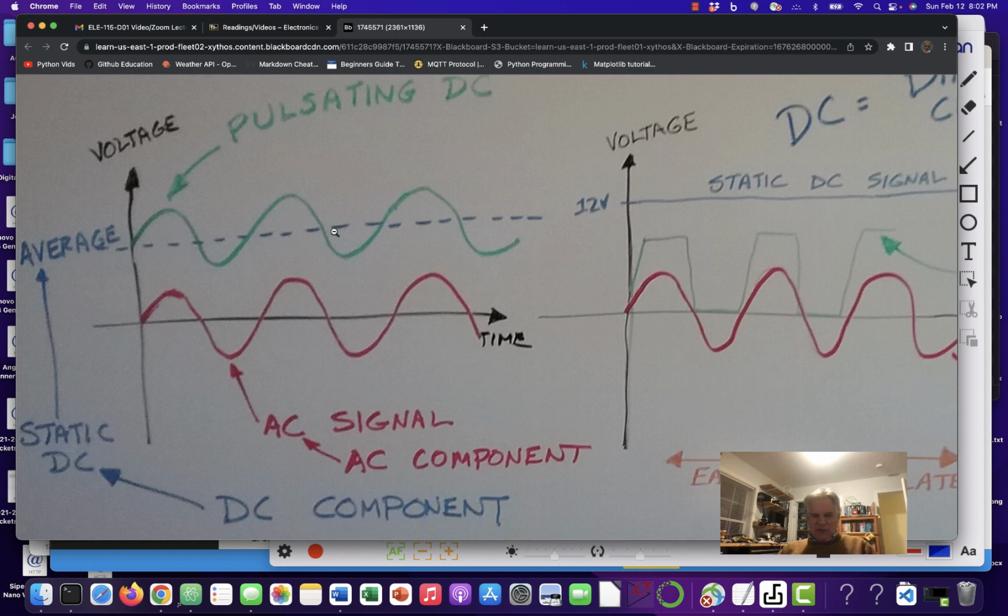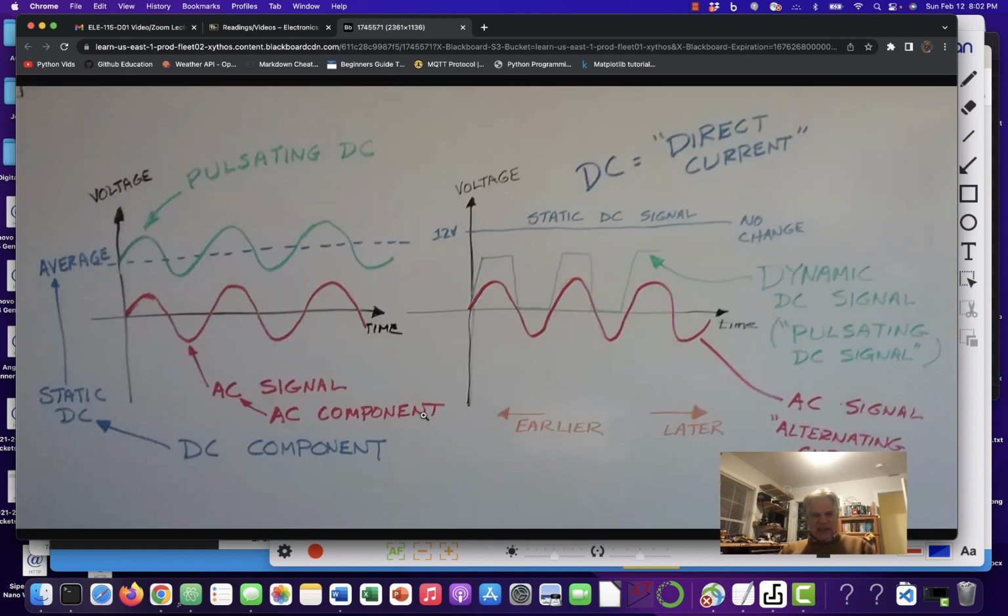The average of this signal is this static DC signal. And the changing part of the signal, what we call the AC signal or AC component, is a sine wave. And so it's good to be able to understand that a signal can be decomposed in this way.